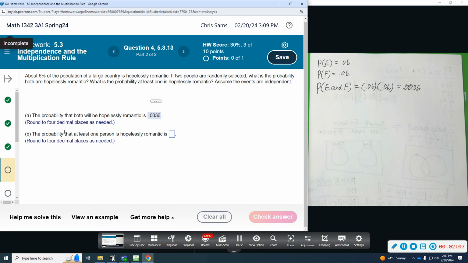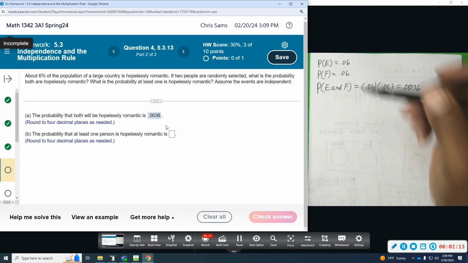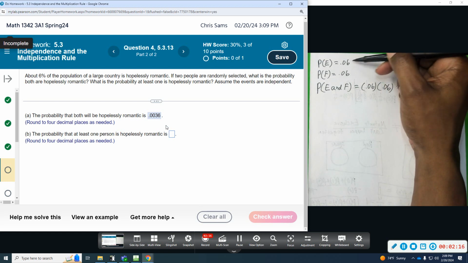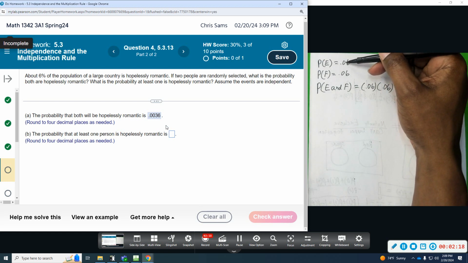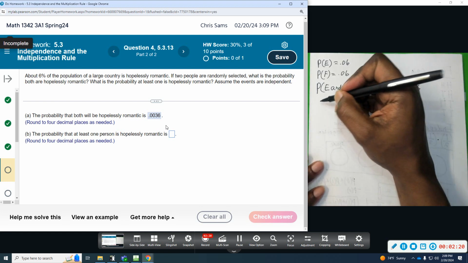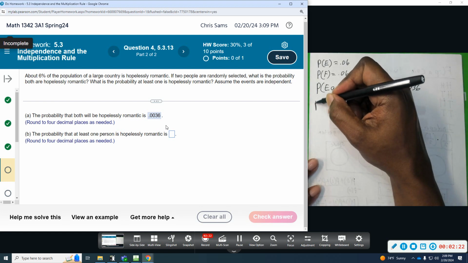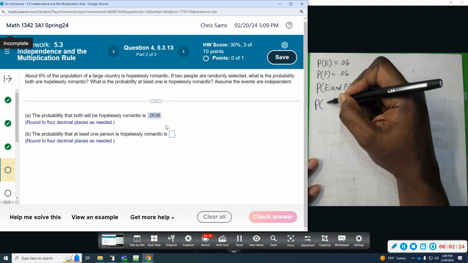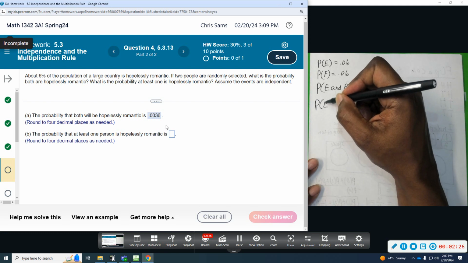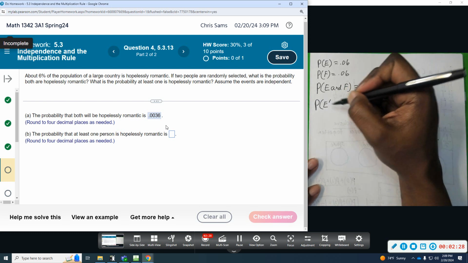part B, the probability at least one is a hopeless romantic. So the probability of being a hopeless romantic is 0.06. I'm going to use this symbol for complement. The probability that they are not, so I'll say E complement, sometimes you might see a bar.